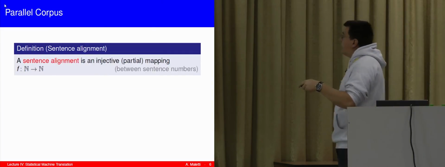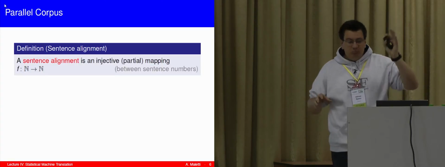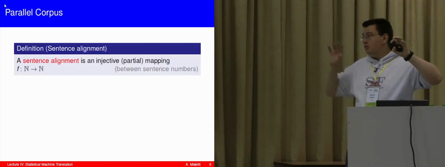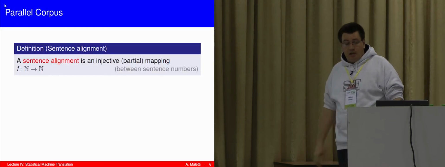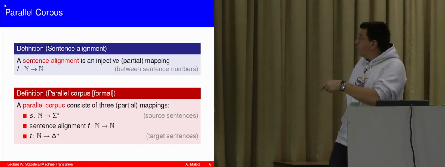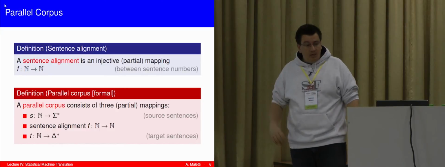Okay, what's a sentence alignment? Well, that's simply an injective partial mapping that assigns sentence numbers in one corpus or in one language to sentence numbers of the other language. So overall, a parallel corpus, for those who like mathematics, is nothing else than three partial mappings.